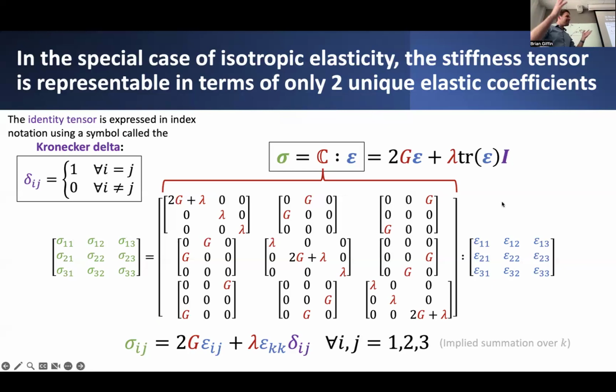But at the end of the day, we can still represent it in a much simpler format. We don't have to always represent it in terms of this very general fourth order tensor. Oftentimes it's sufficient to just say, well, let's represent it in terms of these two unique isotropic elastic coefficients.